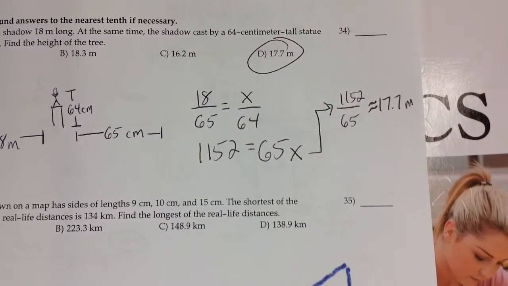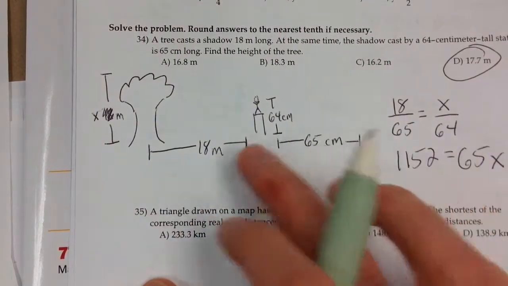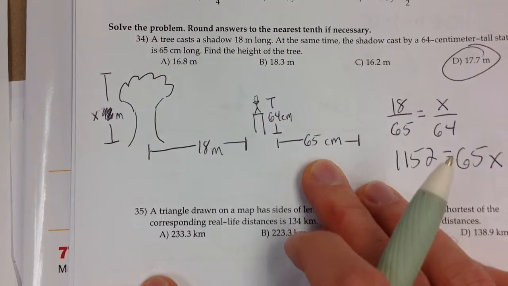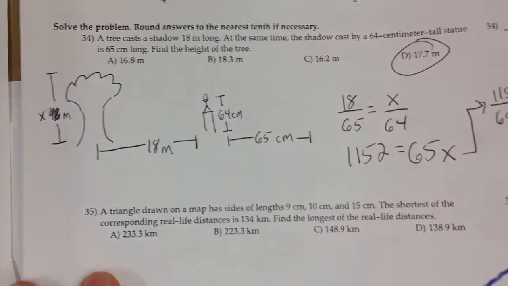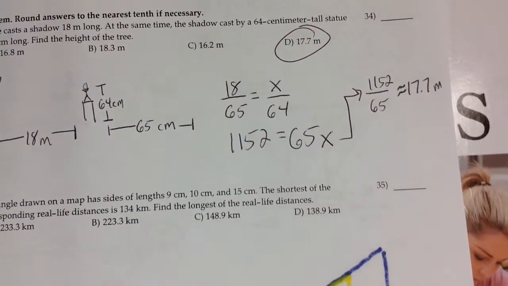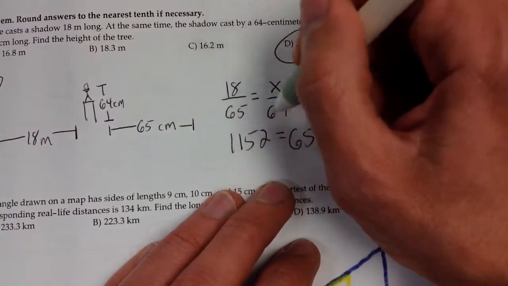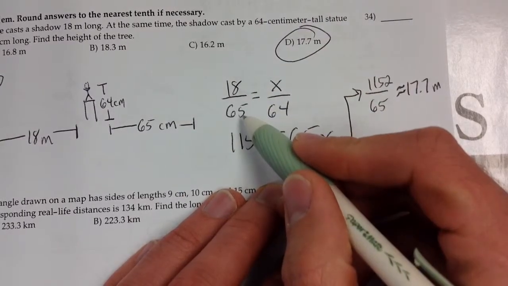Any questions on 34? So notice that the units are mixed here. You could make them the same, but it's not necessary for this particular problem, because what happens is that it ends up canceling. For example, if you converted these into meters, so 65 centimeters is how many meters?